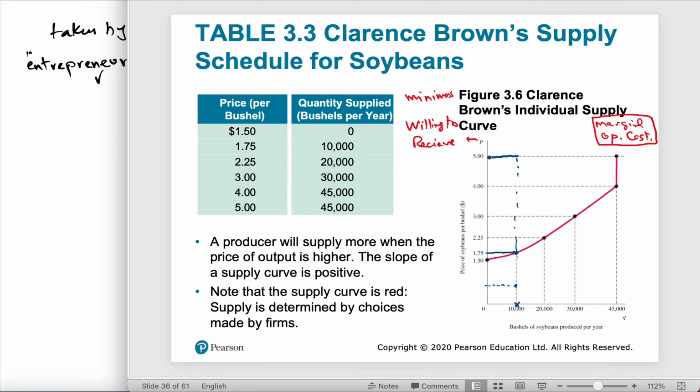But if the buyer pays this much, this gap shows the surplus for the firms. The willingness to buy was the opposite: it was the maximum amount which the buyers are willing to pay. Whereas here, it is the minimum amount which the suppliers are willing to charge or receive. So willingness to pay, willingness to receive, or willingness to sell is very important in understanding the demand and supply curves.